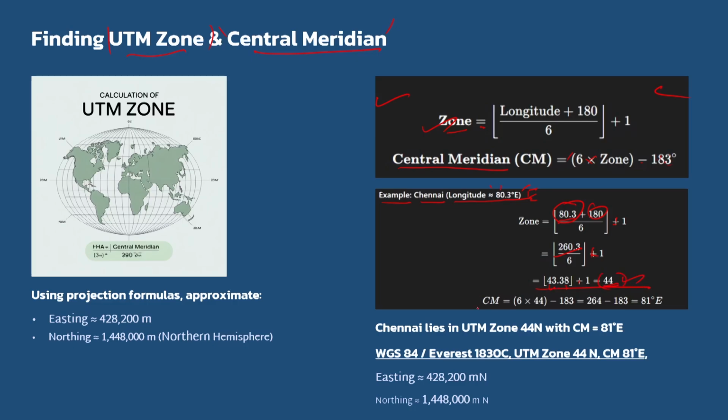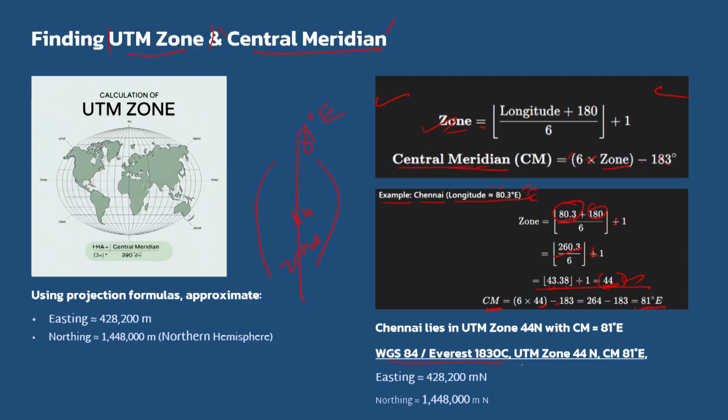Then, to arrive at the central meridian, 6 times the zone, 44, minus 183: 264 minus 183 gives 81 degree east. This is the central meridian. Assume that this is zone 44, and this is the central meridian, 81 degree east.